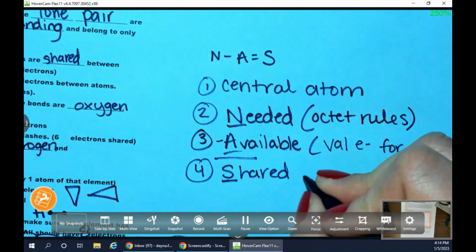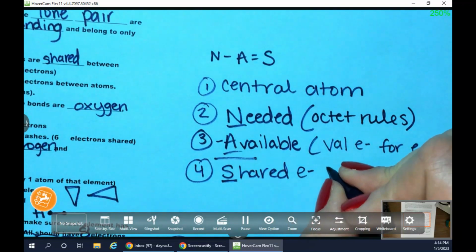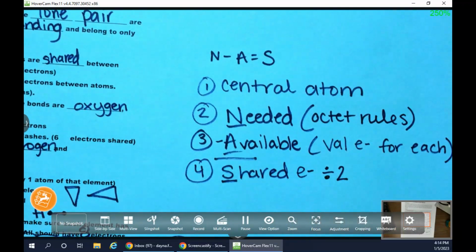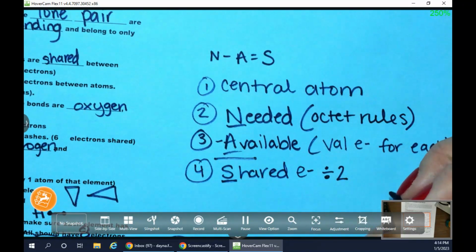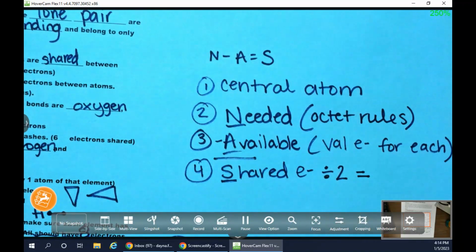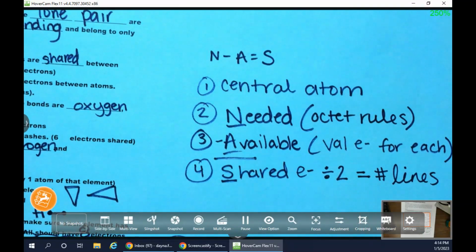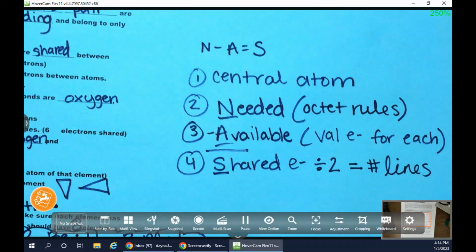So these are going to be shared electrons, which you'll then divide by 2, which will get you the number of lines. So if you got the page that had that on there, you probably want to add the divided by 2. Because once we have that number, we want to know how many lines, how many are shared, right?